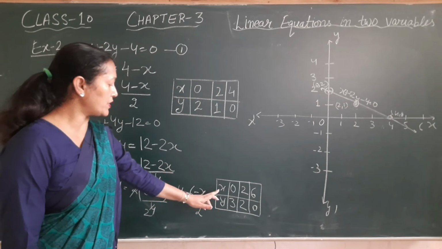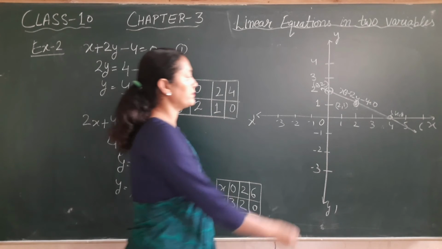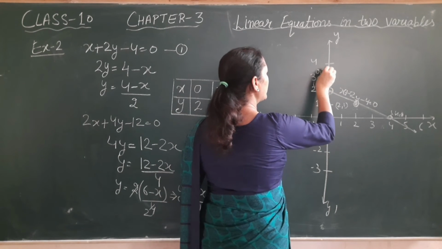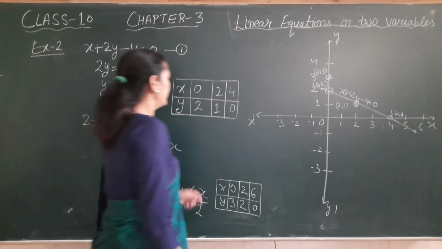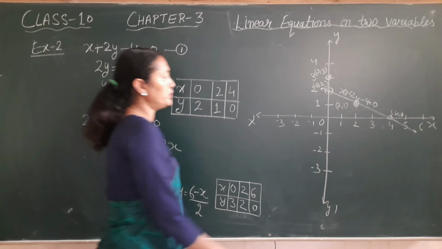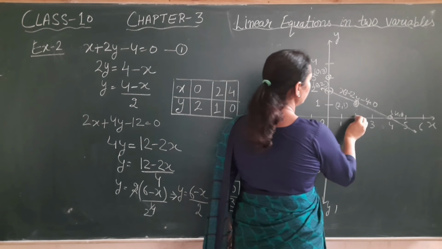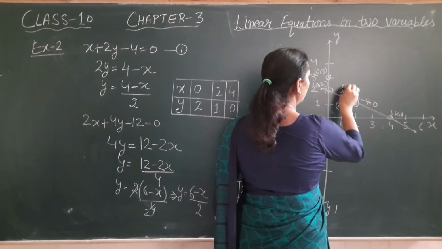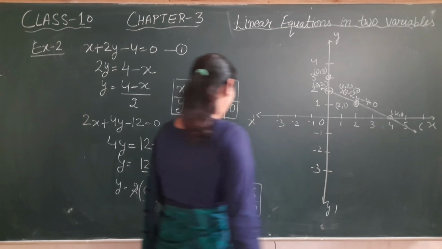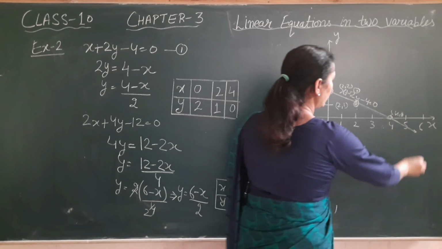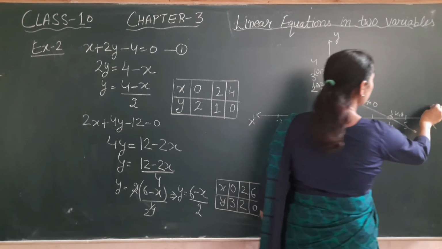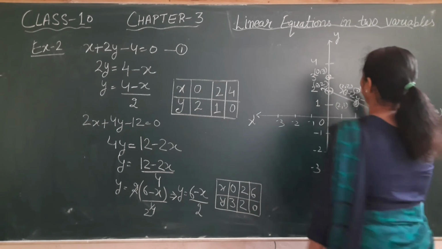Now for the second equation. x0, y3. Write down the points side by side. Then x2, y2. And then x6, y0.